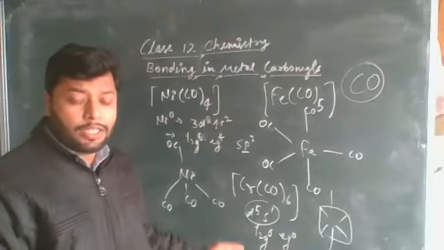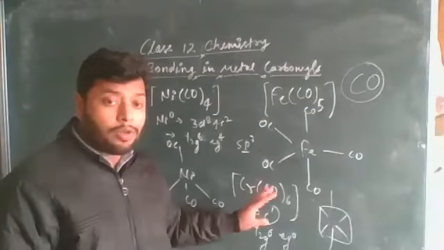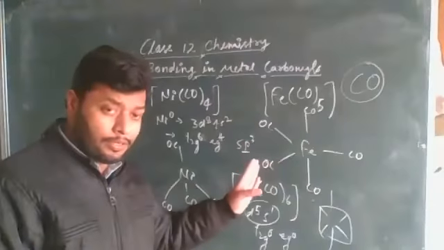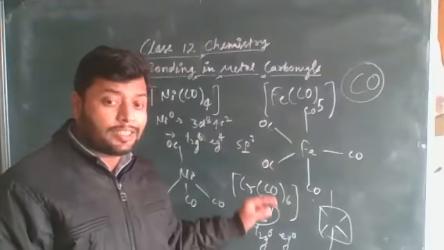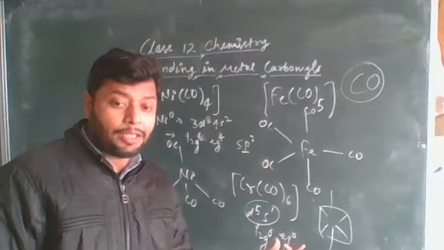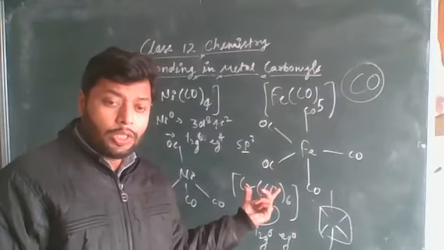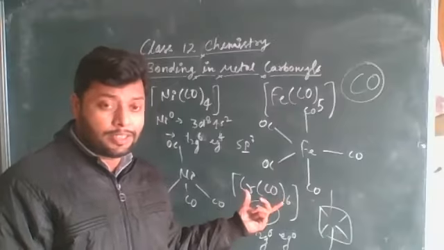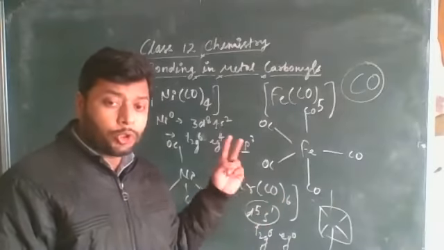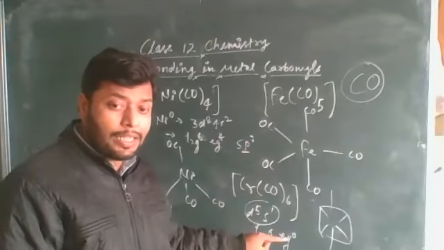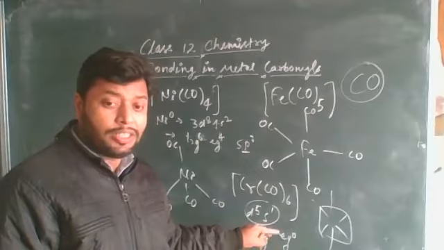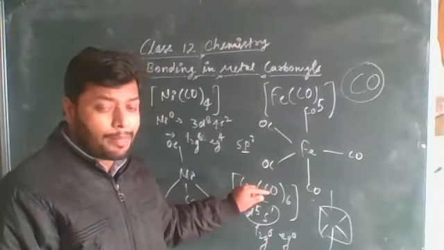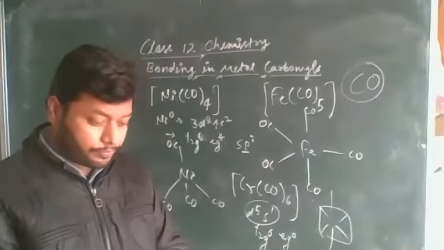Now you can see that the t2g will receive all 6 electrons, and the eg, the 2 orbitals of the inner d subshell, will be available for hybridization. So the hybridization of this complex will be d2sp3, because 2 orbitals from the inner d subshell are available here. As you can see, the eg is 0. According to crystal field theory, the complex formation will be d2sp3.